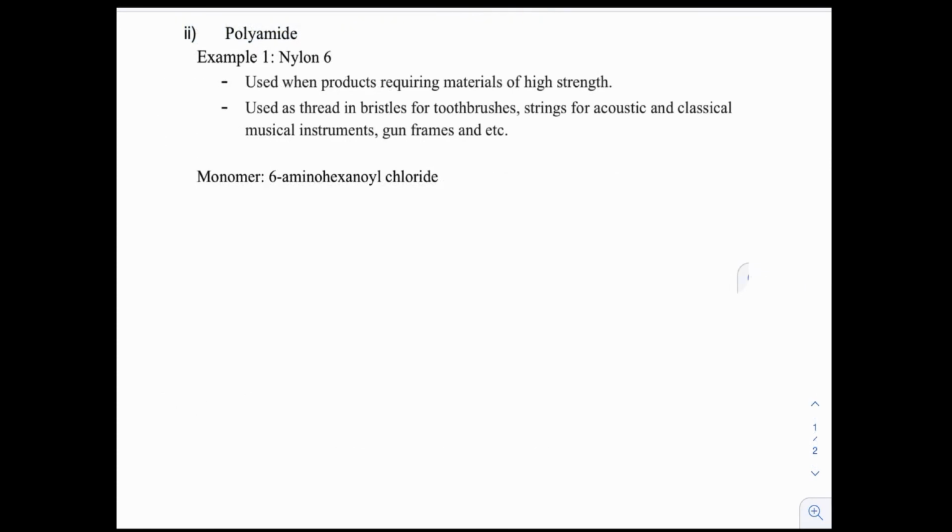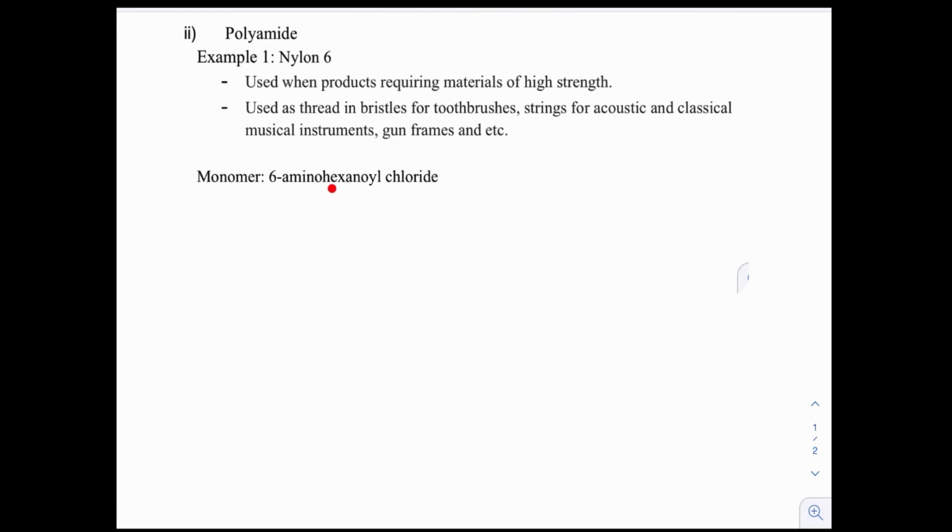The second type of polymer is polyamide. The example is nylon 6. This nylon 6 is used when the products require materials of high strength, and is used as threads, bristles for toothbrushes, strings for acoustic and classical musical instruments, gun frames, and so on.